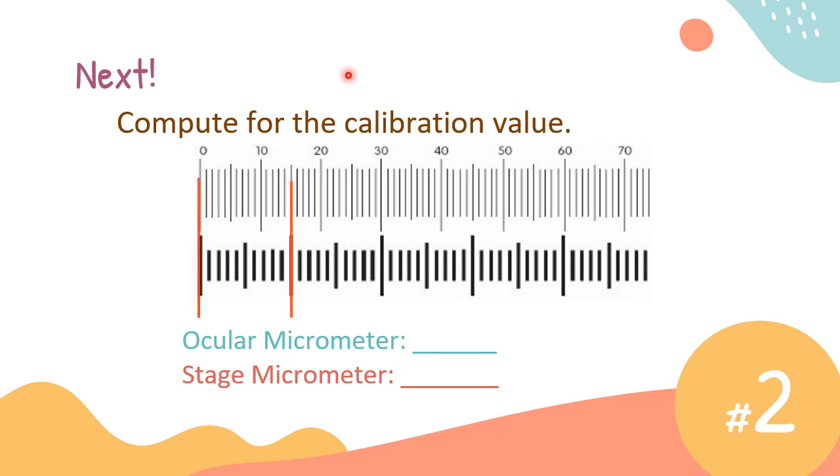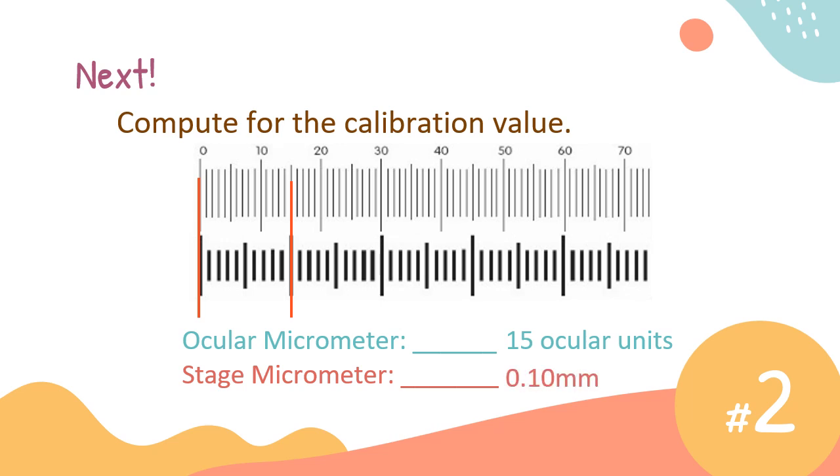So you have that. Okay, so the ocular micrometer units it's in between 10 and 20. So this is 15 ocular units, while your stage micrometer is at 0.01, 2, 3, 4, 5, 6, 7, 8, 9, 10. So this is 0.10 millimeters.